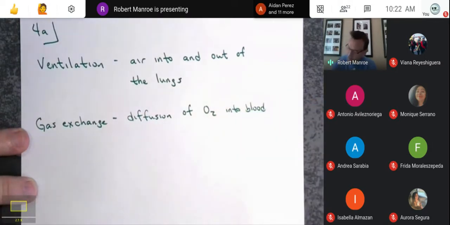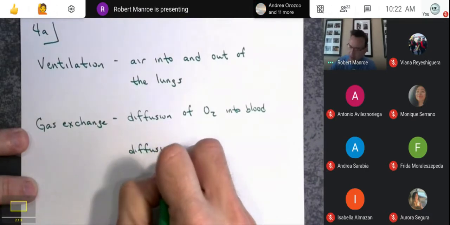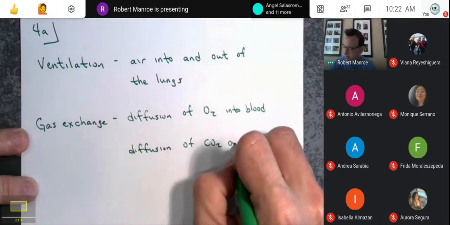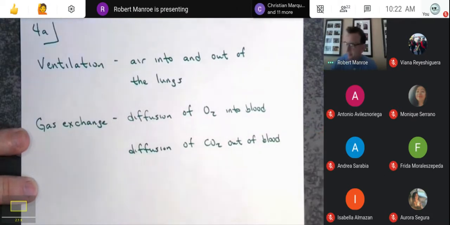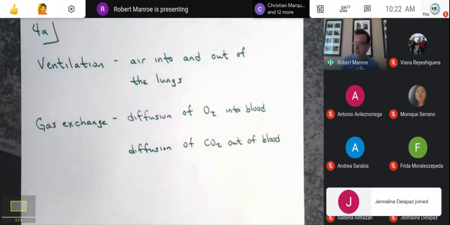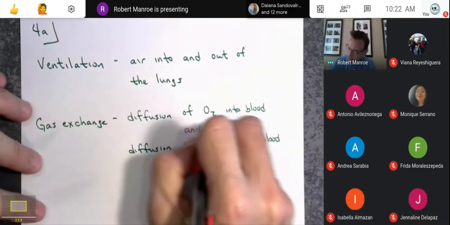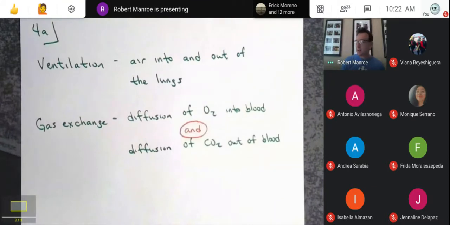But then equally as important is diffusion of CO2 out of the blood. So when you talk about gas exchange, be sure that you remember that it's both. Okay? In the lungs, you are doing both oxygen into the blood and carbon dioxide out.